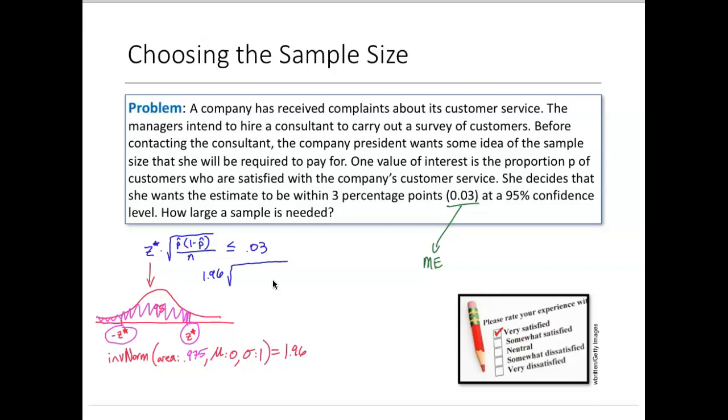Now, is there anything said about a pilot study in this example? I don't see it. So what should we use for our p hat value? Okay, that means our numerator is just going to be 0.25, right? Over n is less than or equal to 0.03.